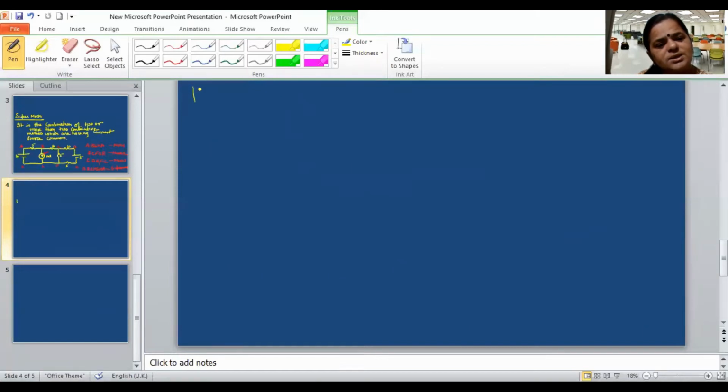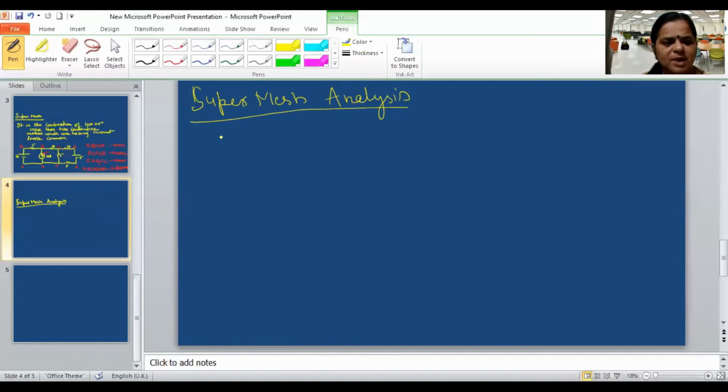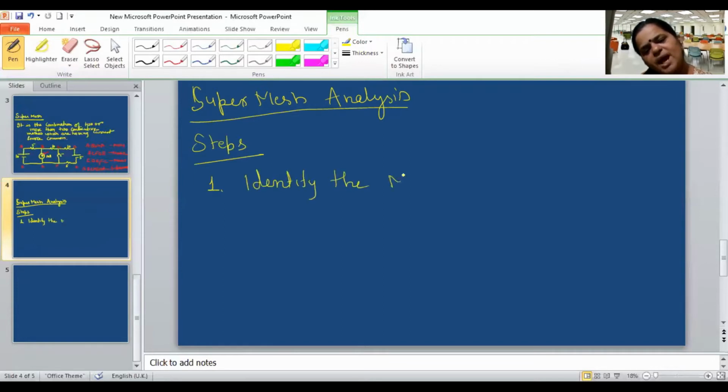So let us write the Supermesh analysis. What are the steps of solving numericals by Supermesh analysis? The first step is to identify the meshes and supermeshes in the circuit.